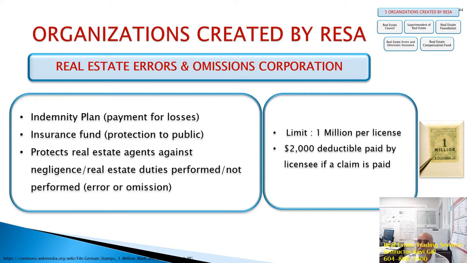Okay, this errors and omissions does not cover fraud by the realtors. That is going to be something that realtors will have to deal with by themselves. It's a $1 million limit per licensee, okay? And every time a claim is paid, $2,000 is deductible that the realtor must pay.